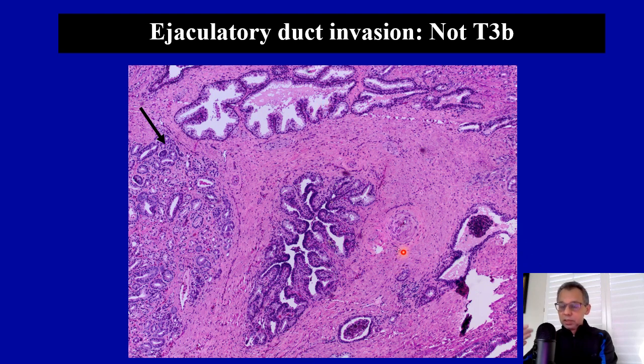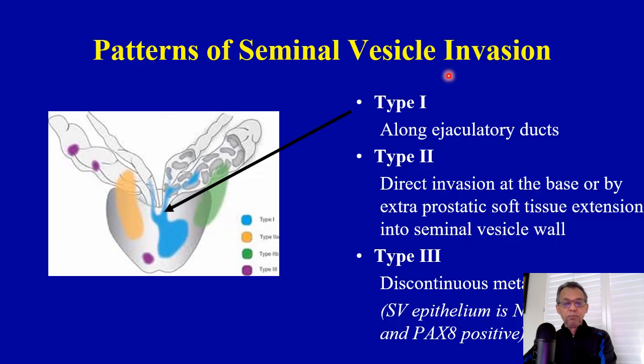So clearly this is the intraprostatic portion, and this is not equivalent to seminal vesicle invasion. This is not T3b.